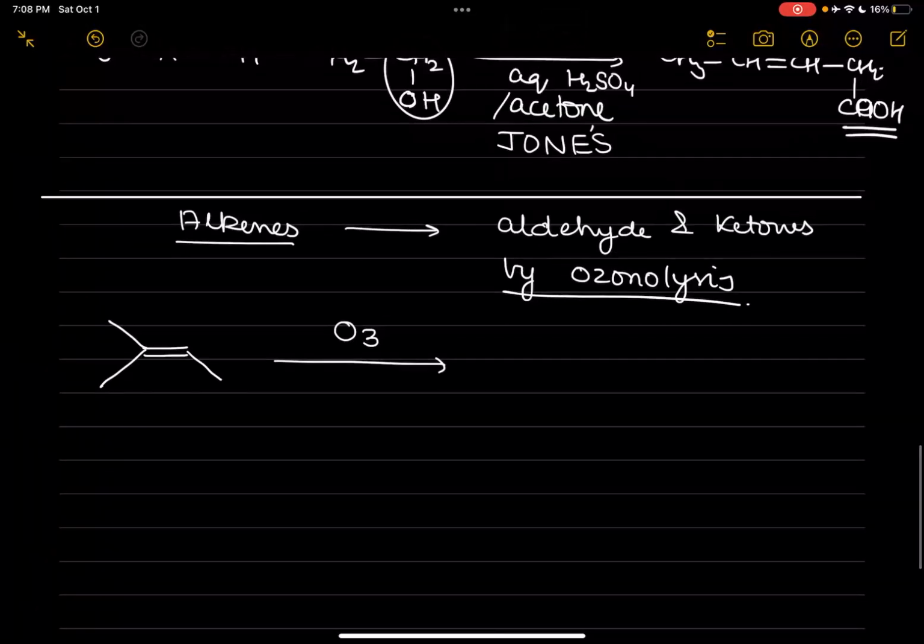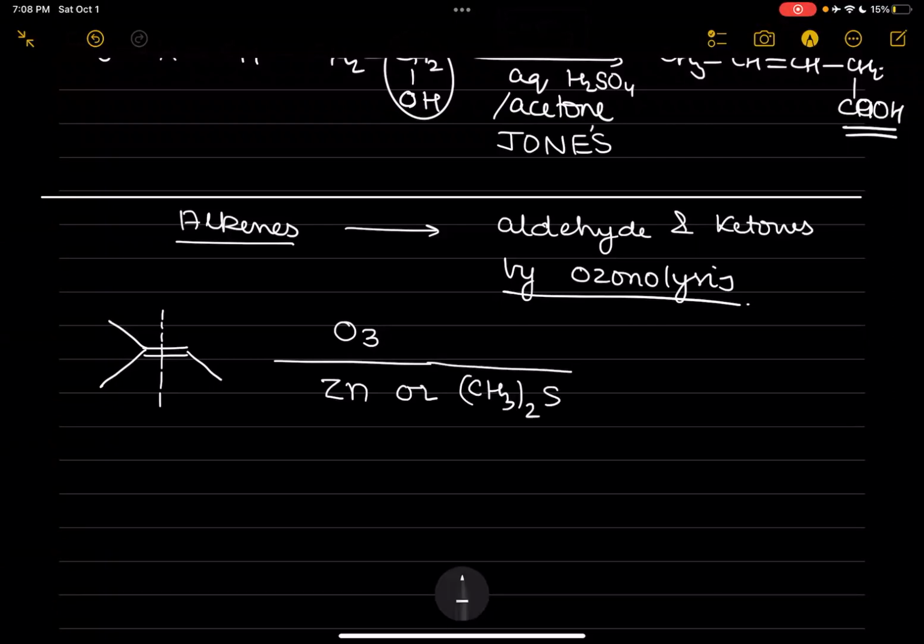So there are two types of ozonolysis. It's very simple. You need to cut the double bond, but you need to look at what else is given along with the ozone. Is it zinc or dimethyl sulfide? Is it clear?